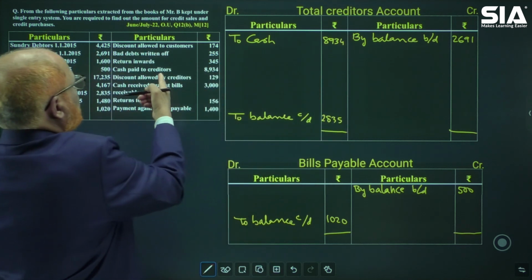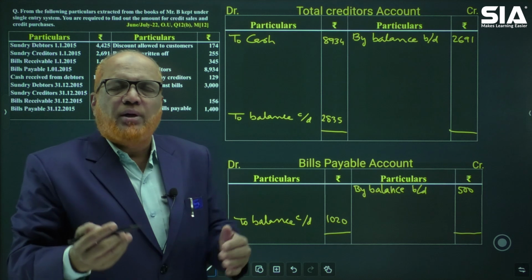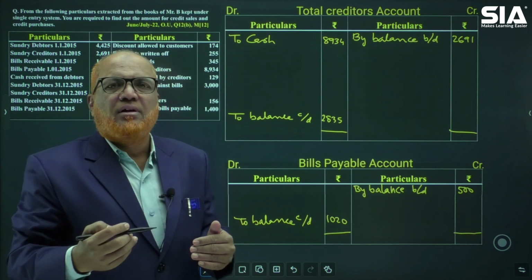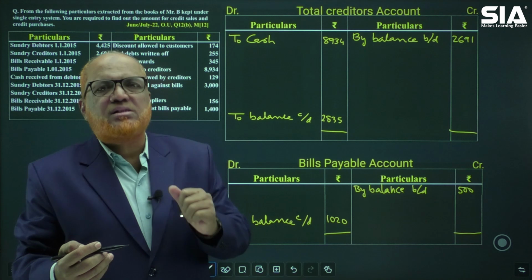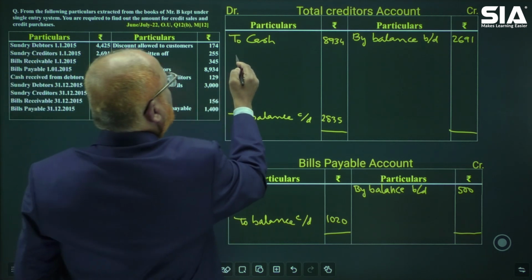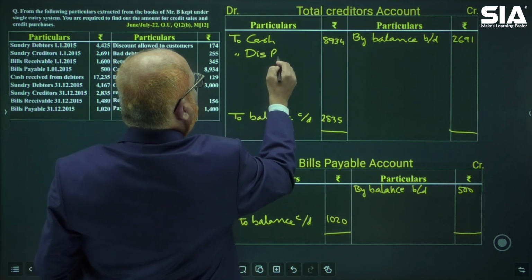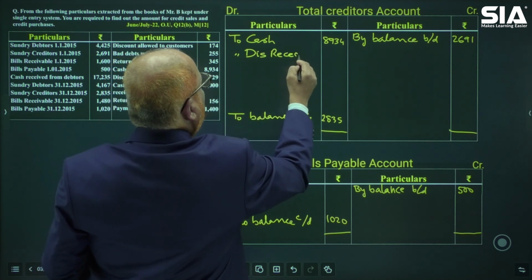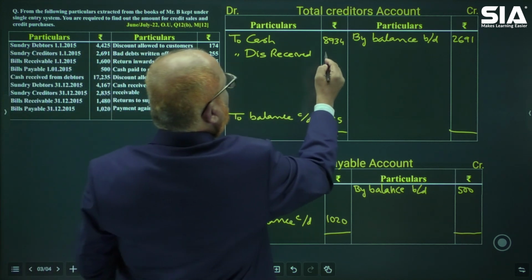Similarly, discount allowed by creditors, so it is discount received. So the entry will be creditors account debit to discount received. So creditors account debit side to discount received. How much is the discount received? 129.